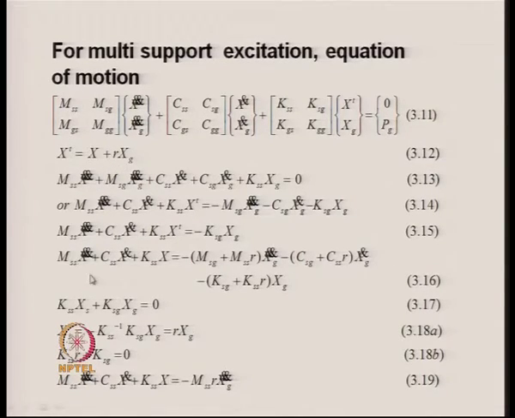Once we do that, on the left hand side we keep all the quantities in terms of the relative motion, that is x, x dot and x double dot, and on the right hand side we bring in M_SS into R, which comes from this relationship, and C_SS into R and K_SS into R.